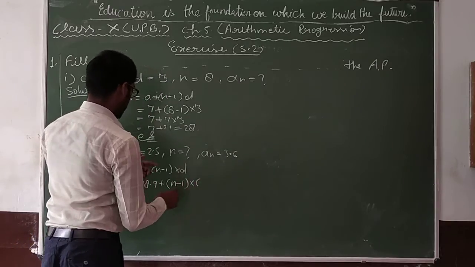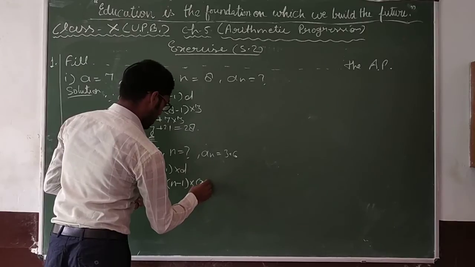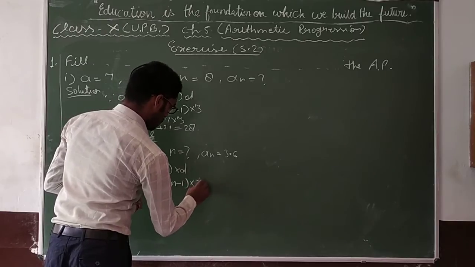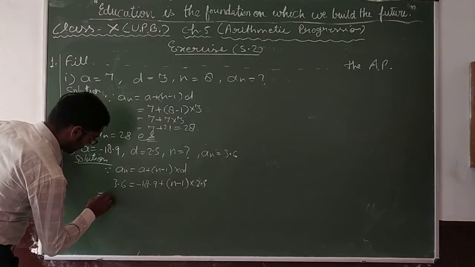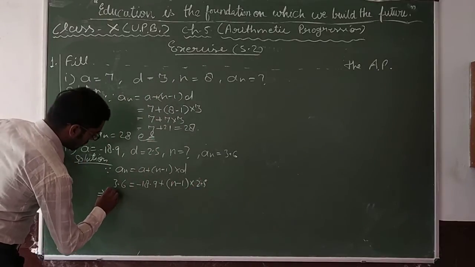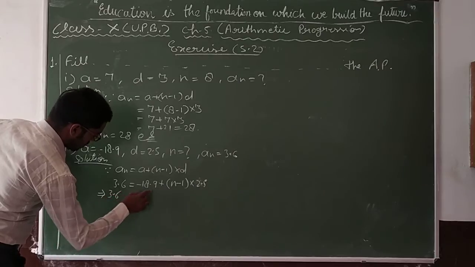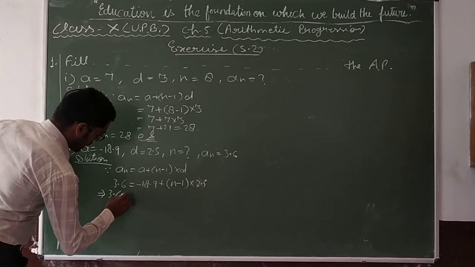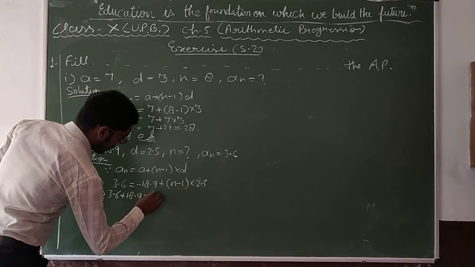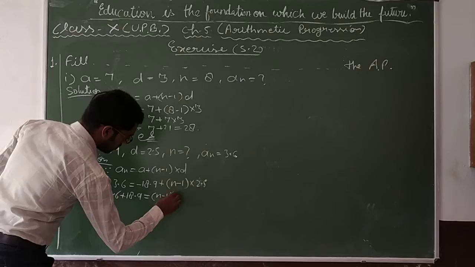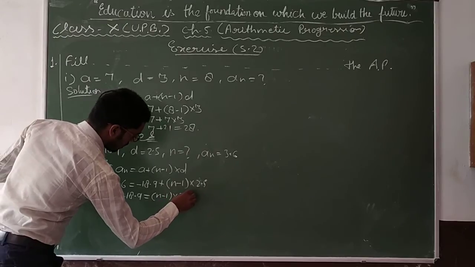d is 2.5. Calculate it. 3.6 minus, that will become plus, 18.9 is equal to (n minus 1) into 2.5.